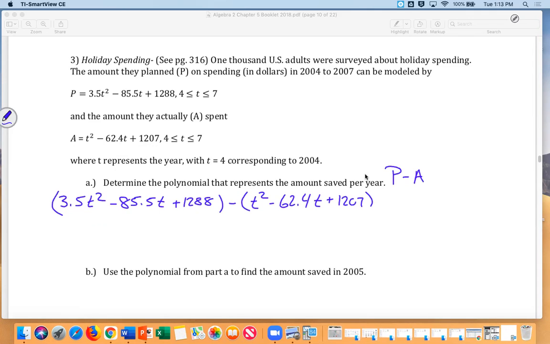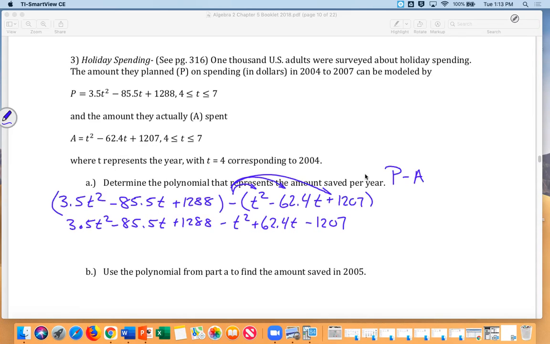Now, from yesterday, I talked about how when we subtract, we add the opposite. So I'm going to do 3.5 T squared minus 85.5 T plus 1288 minus, and I'm going to change the sign of everything in that second equation. So minus T squared plus 62.4 T minus 1207.